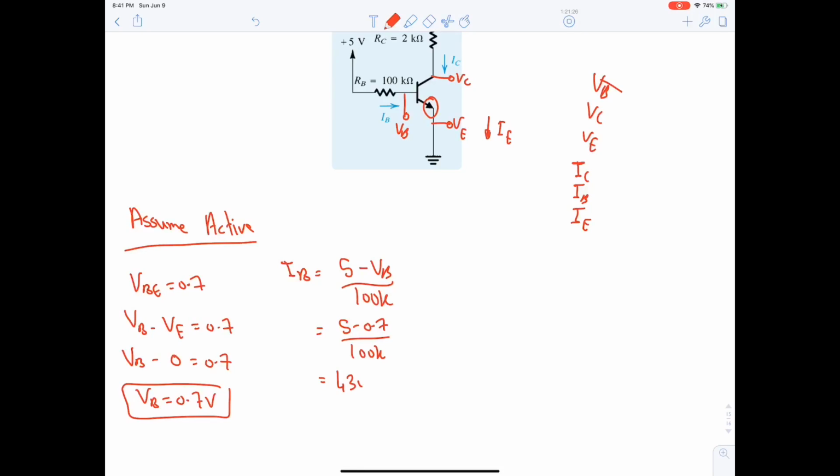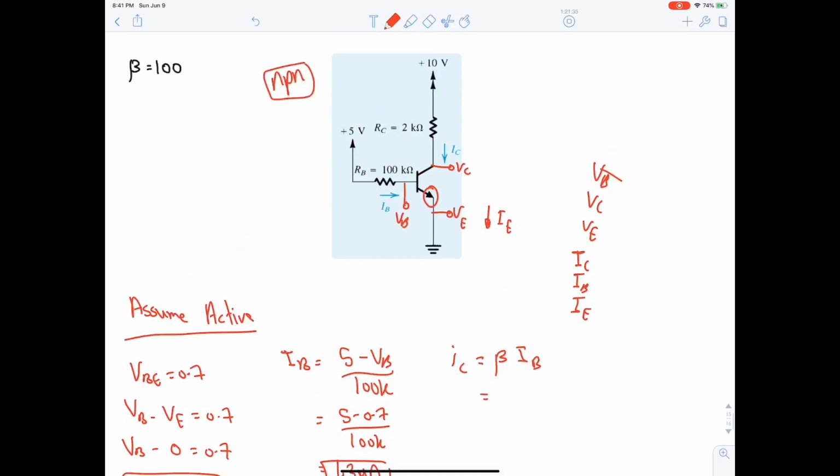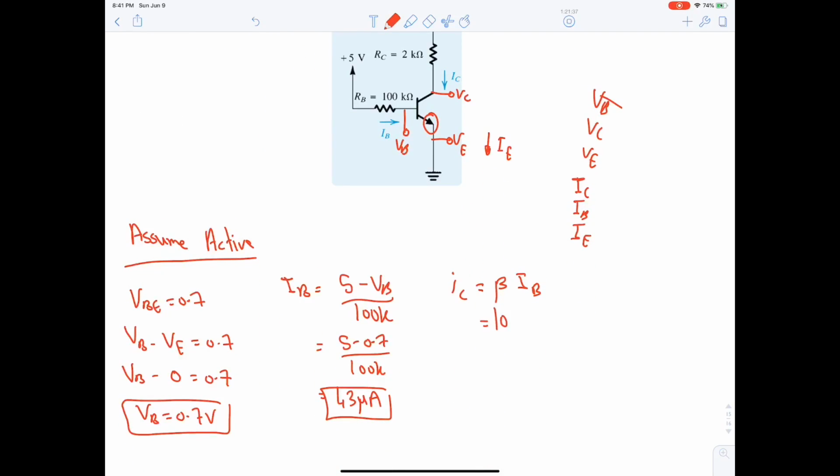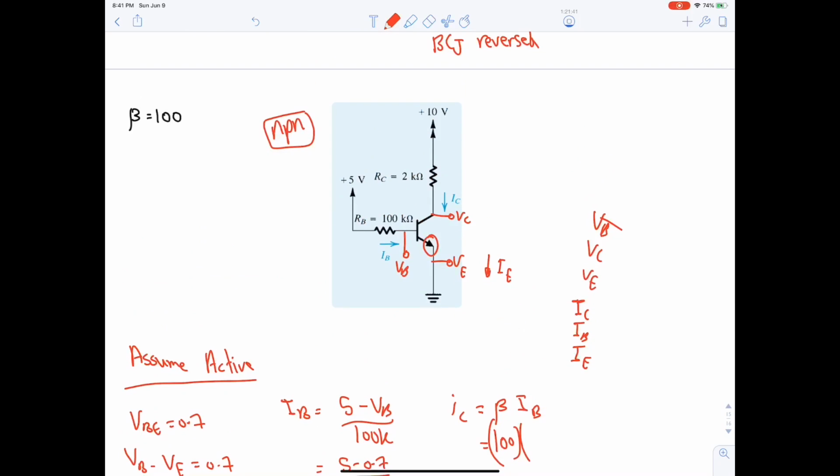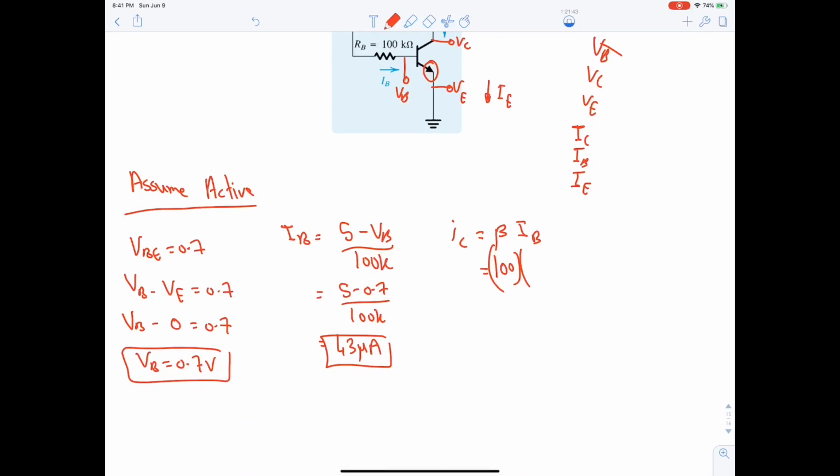43 microampere. After finding IB, let's find IC through beta IB. Beta is 100, IB is 43 micro, so this is equal to 4.3 milliampere.